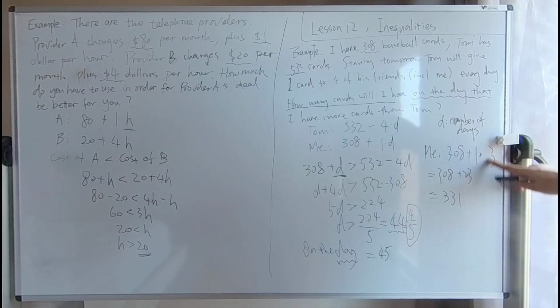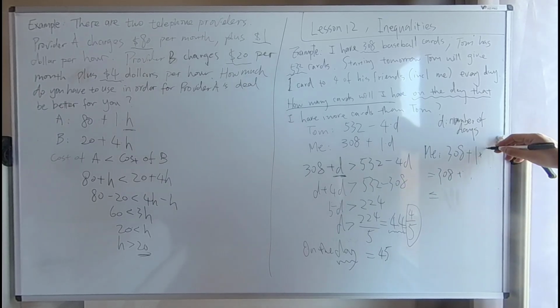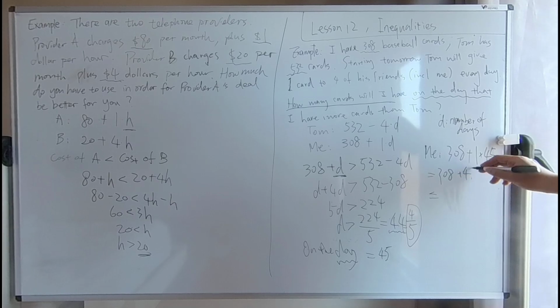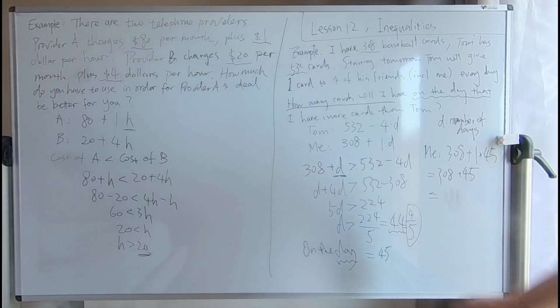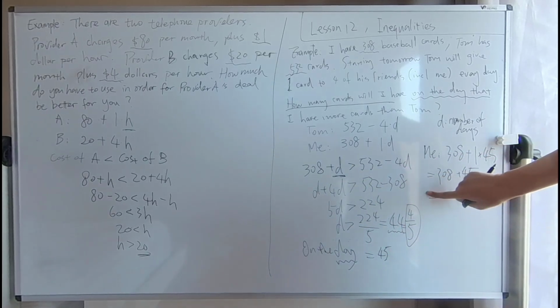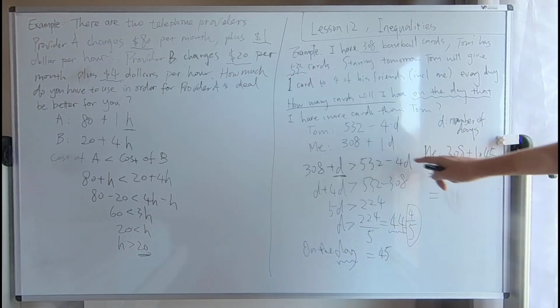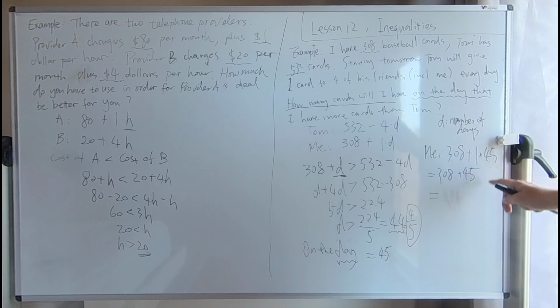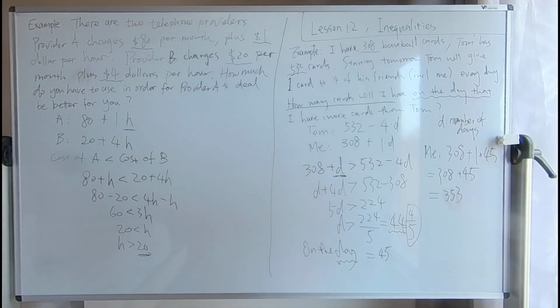So actually the solved number of days is 45. So 45 is the next integer that satisfies this inequality. Then this is 308 plus 1 card per day after 45 days. So it's 308 plus 45, which is 353. So I will have 353 cards after that day.